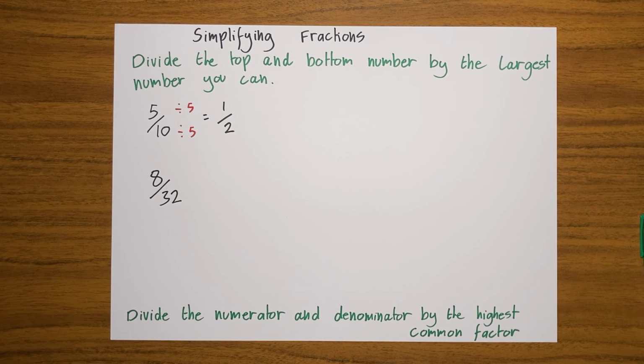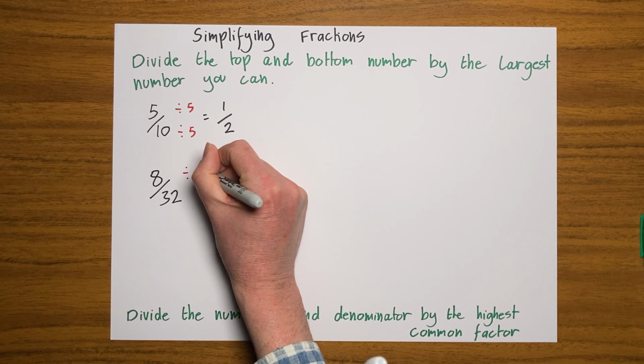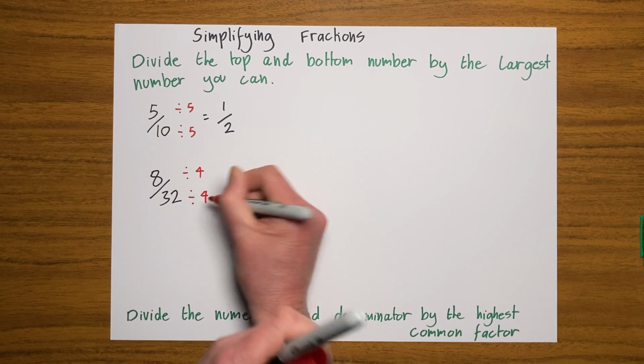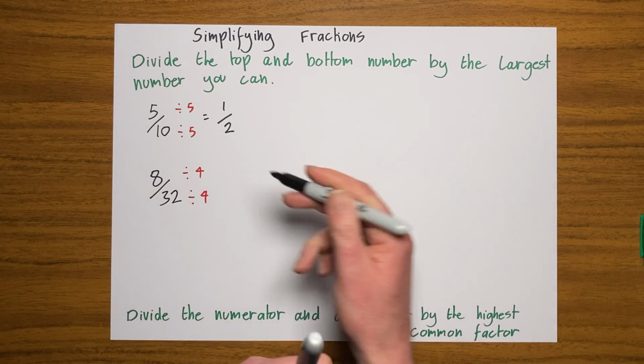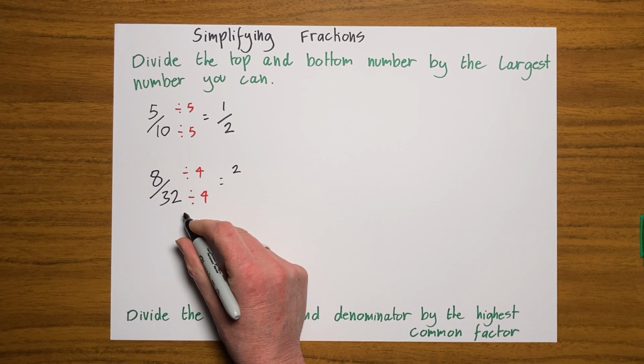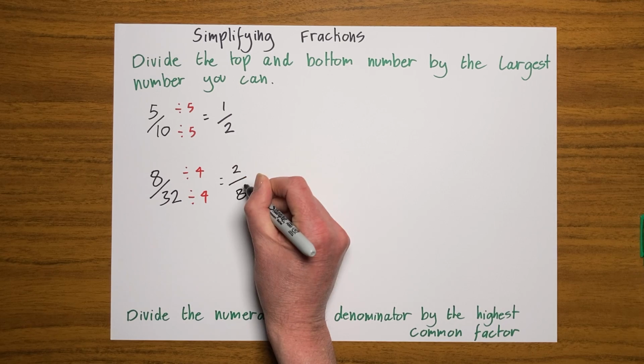And then how many 4s in 32? That's 8. 4 eights are 32. But let's just try that, because that's what I've thought. So I divide it by 4. I'm going to have to do the same to the top and the bottom. 8 divided by 4 is 2. And 32 divided by 4 is 8.